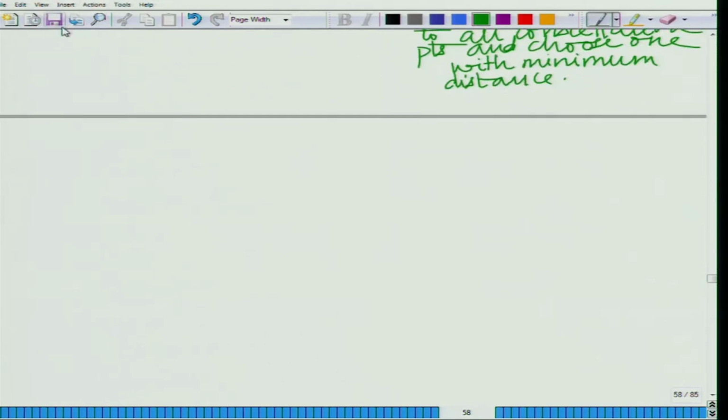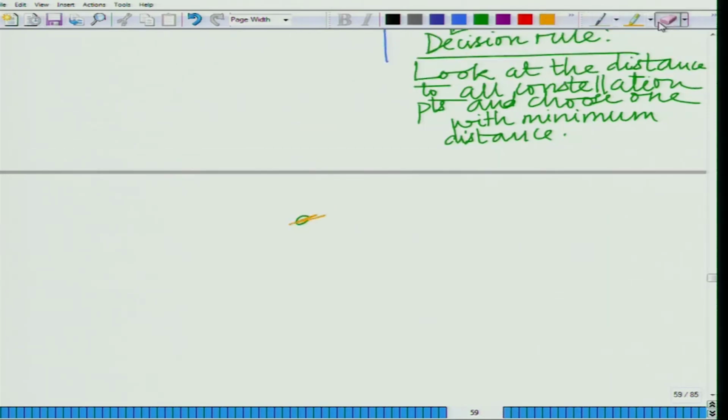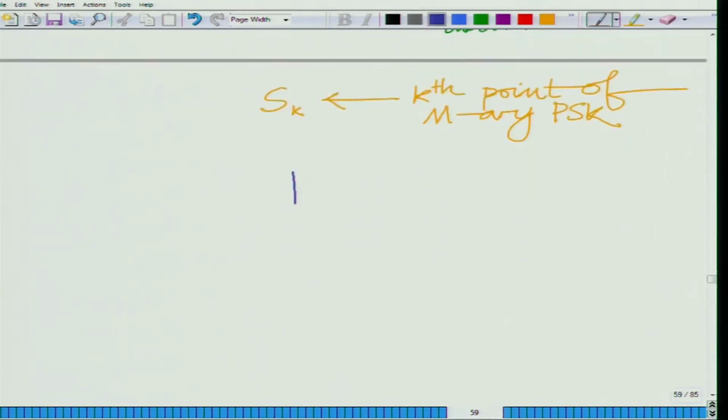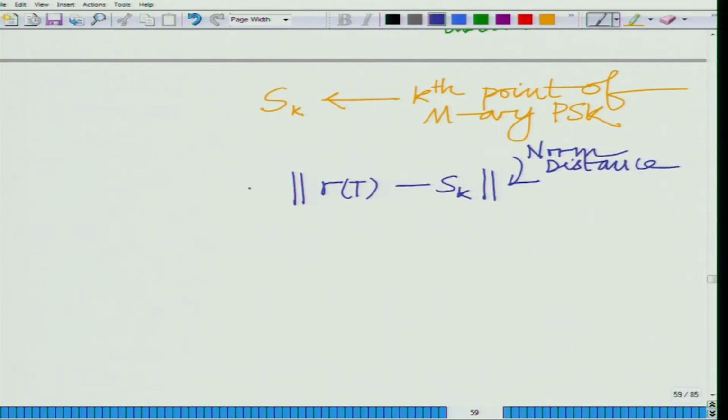So, basically I have to choose point k, S_k, let us say this is again the kth point of the M-ary PSK constellation, then choose k such that the distance, the norm of r(t) minus S_k, remember this is the 2-norm which can be used to represent the distance, is minimized over k.